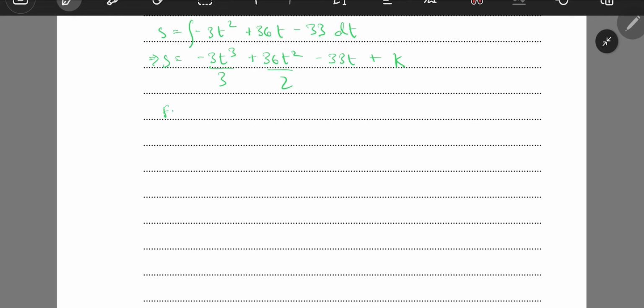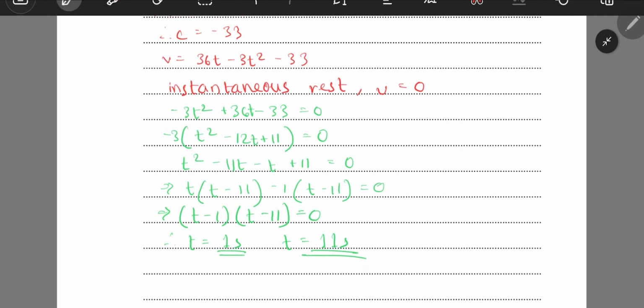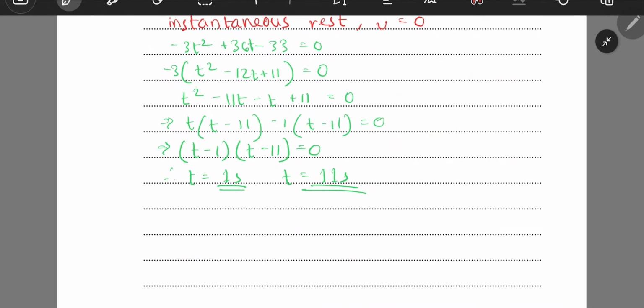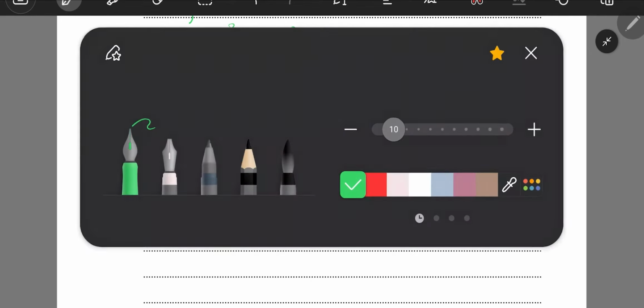So first distance we'll be finding, or let's make it even more clear, let's draw the graph of what's happening. The velocity time graph, obviously. They gave us minus 3t squared, so it will be something like this, let's use a different color.